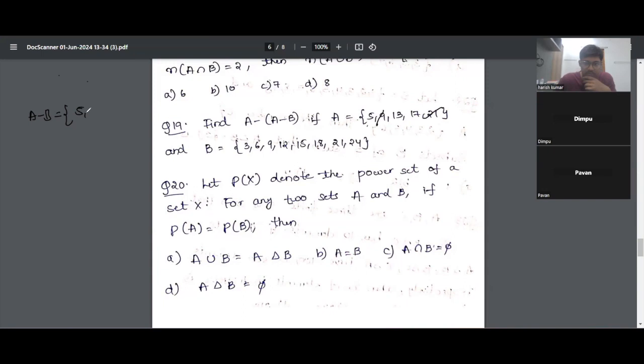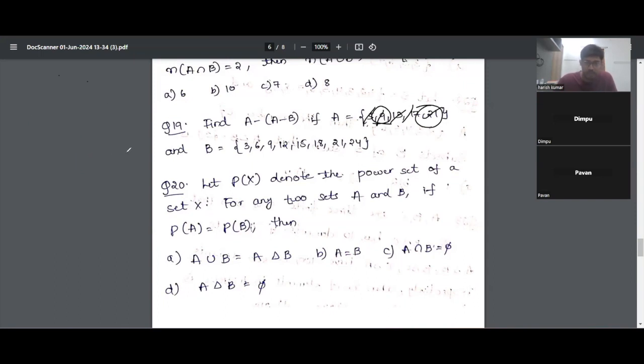So A minus B will be 5, 13 and 17, right? They should be present in A but should not be present in B. So the remaining will be 9 and 21. So 9, 21 will be my answer. All right? Yes, sir.